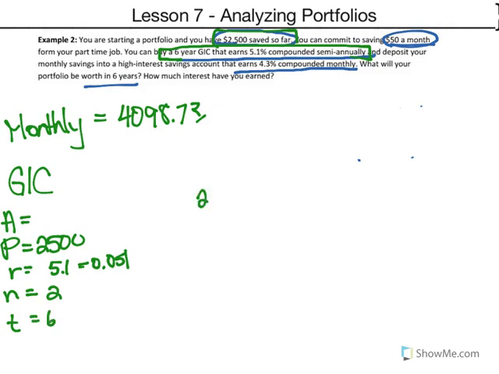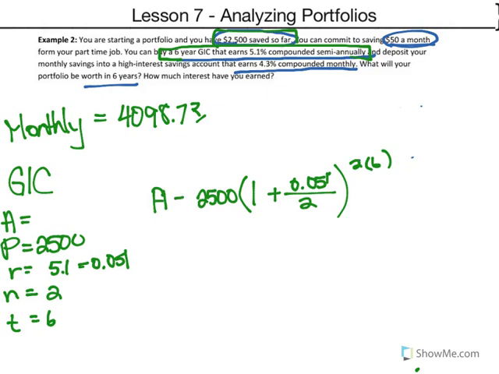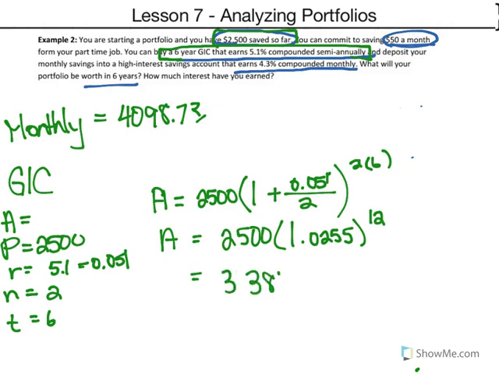So we have 2,500, bracket, 1 plus 0.051 divided by 2 to the power of 2 times 6. If you do inside the brackets first, you will get 2,500 times 1.0255 to the power of 12, and you should get $3,381.96. So that is how much you made on your GIC.